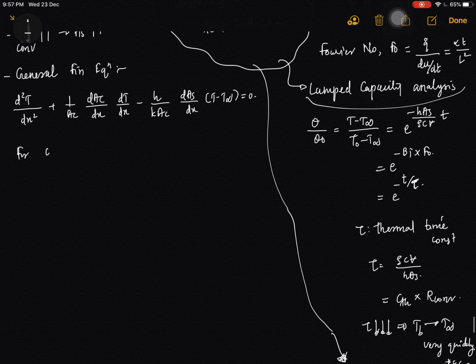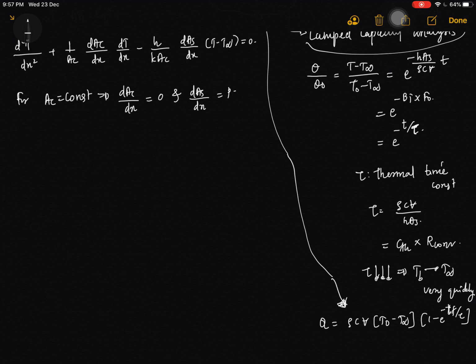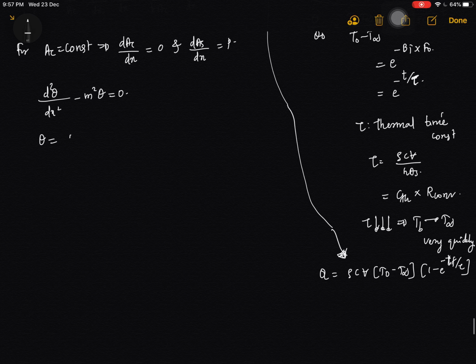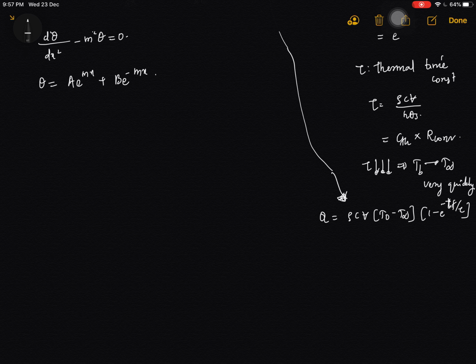And for constant cross sectional area fin, we have dAc by dx equal to 0 and dAs by dx equal to perimeter P. So we can write the above equation as d square theta by dx square minus m square theta equal to 0, and the solution will be given as a e raised to mx plus b e raised to minus mx, and the solution can be determined from the boundary conditions.